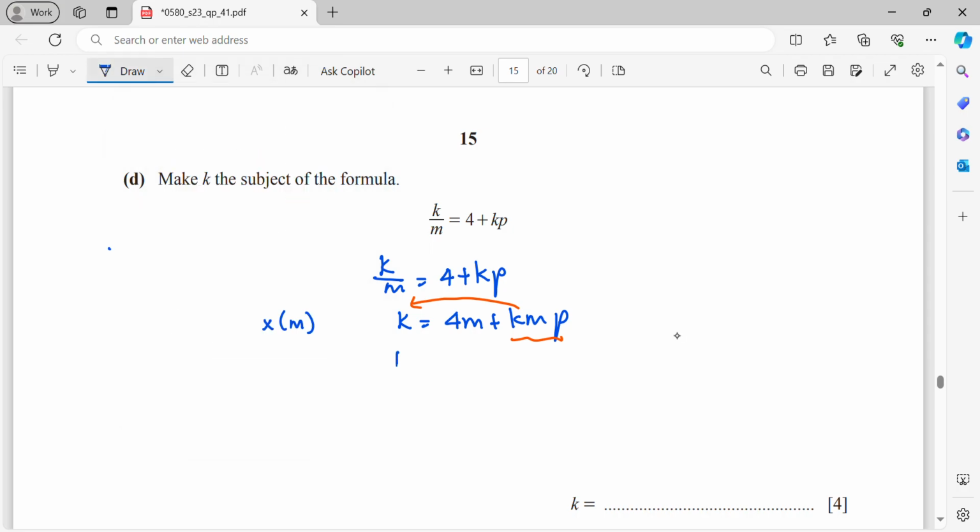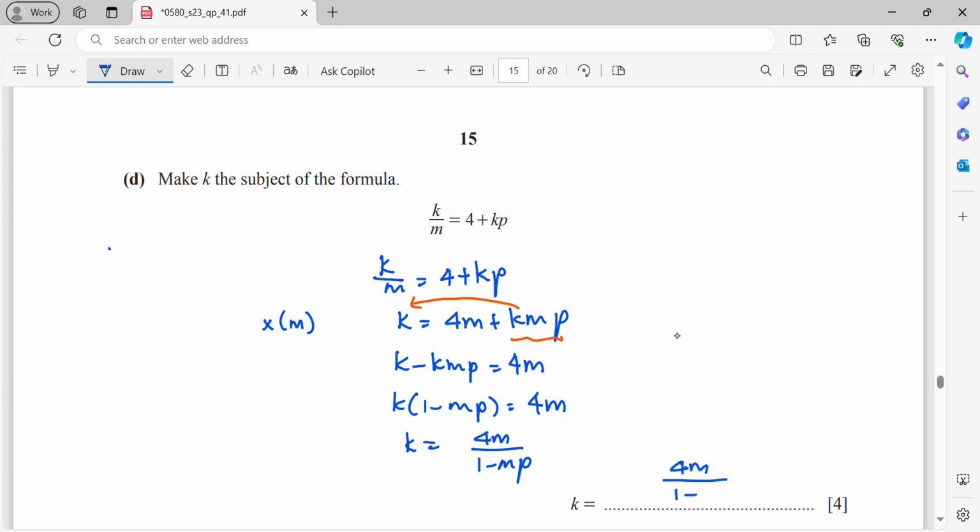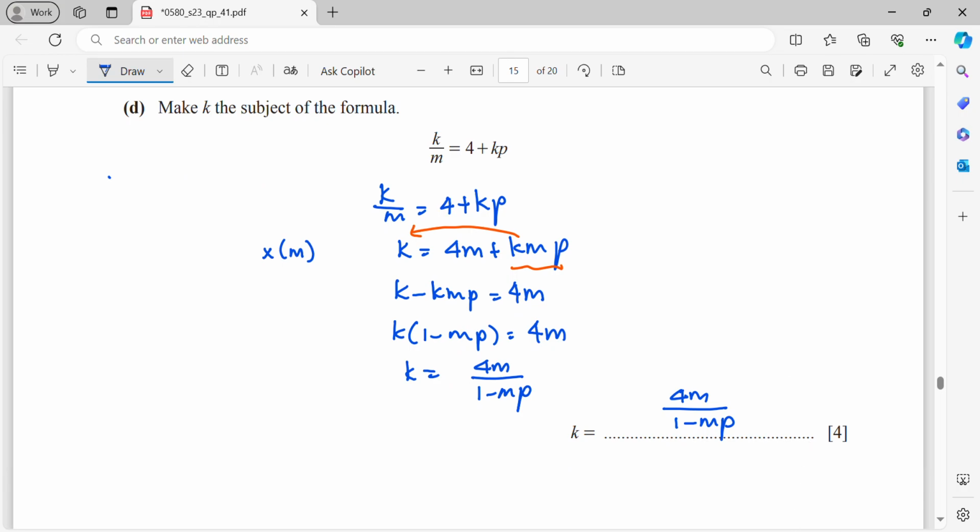So you will get K minus Kmp equals 4M, and factorize the K. So you get 1 minus Mp, times K, equals 4M, and now just divide the whole equation by 1 minus Mp to get K as the subject. So this is your result.